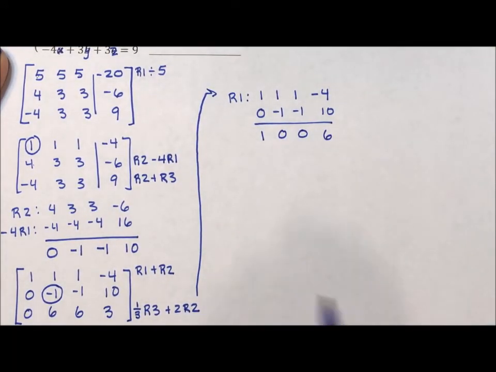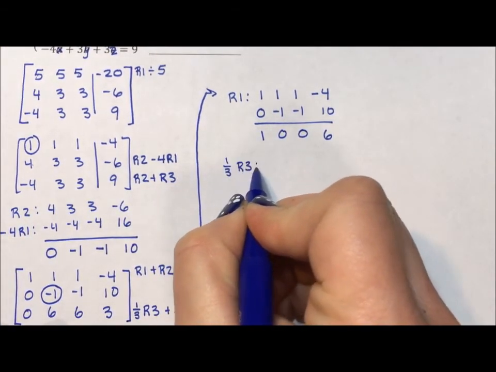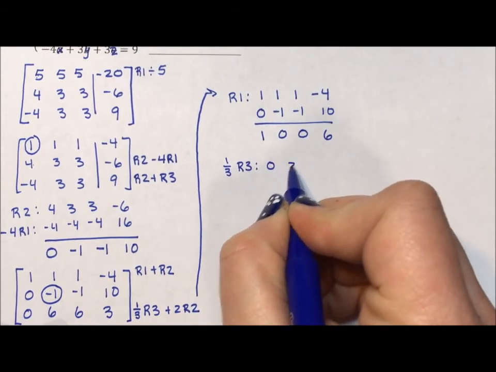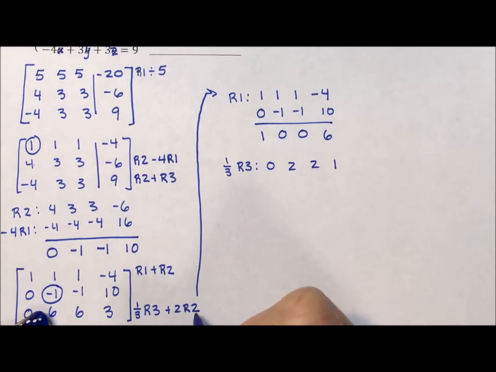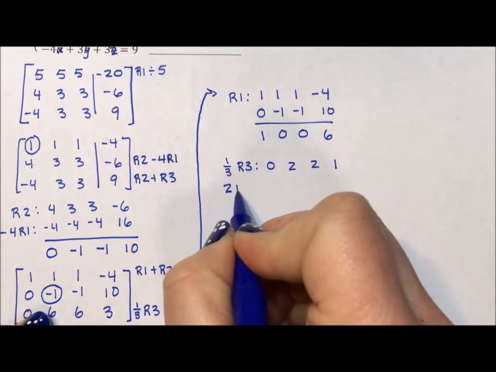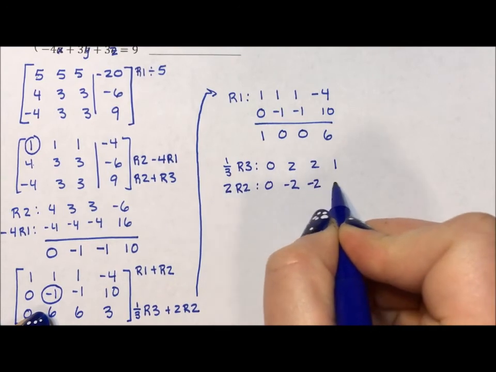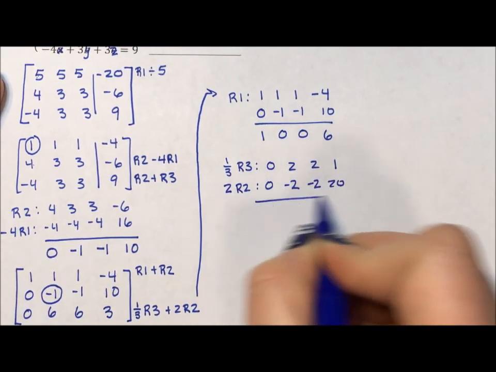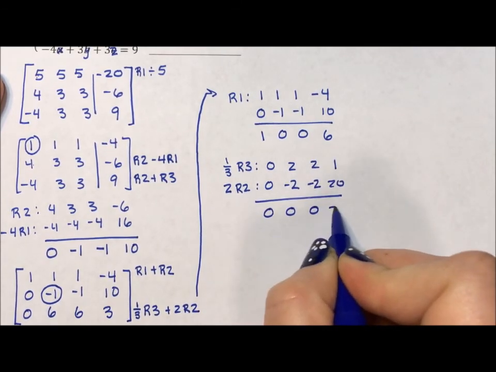Then I'm going to do 1/3 row 3, which is 0, 2, 2, 1. And then 2 times row 2, which is going to give me 0, negative 2, negative 2, and 20. And when I add down, I'm going to get 0, 0, 0, 21.